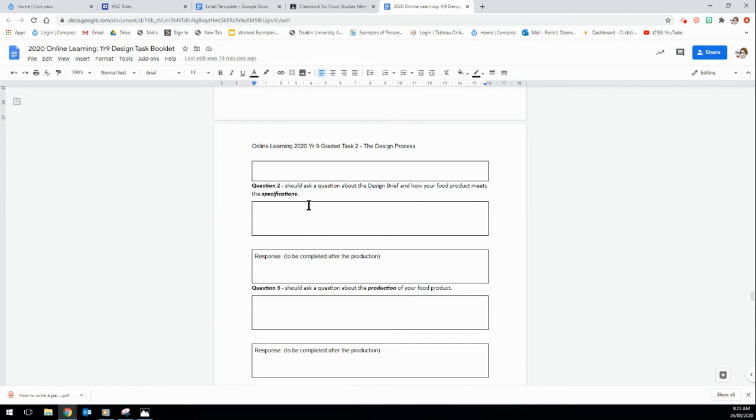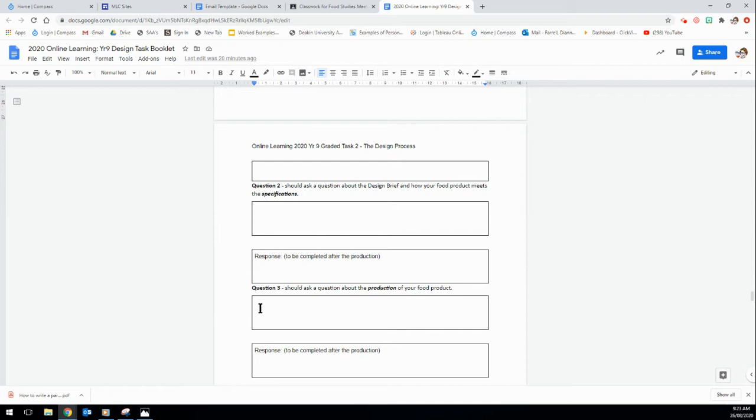And question 3, along the same lines, okay, so again, you're going to come up with another question, and maybe this time you focus more on production. So you might ask the question, explain how your pizza met the specifications of the design brief in relation to the making of your product.